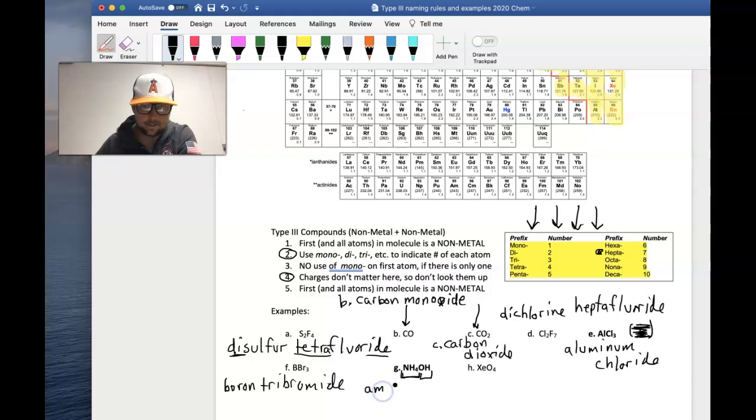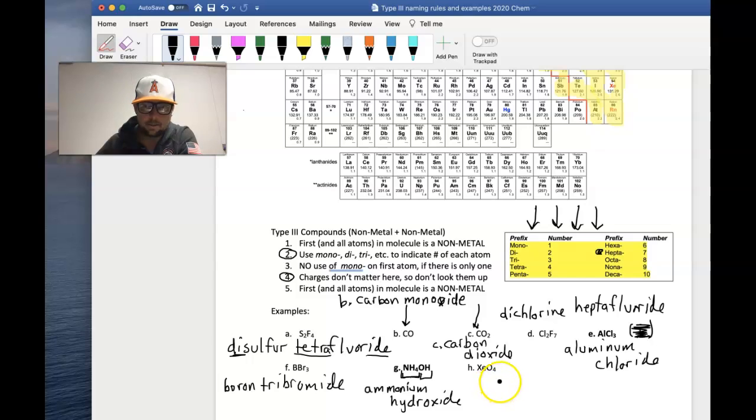So this one is actually a type 1 as well. It's got the ammonium ion. And then the OH minus is the hydroxide ion. So we literally just name each of those ions, which is why we work so hard to memorize those because they show up all the time. So ammonium hydroxide, we're just naming this positive ion ammonium, the negative ion hydroxide.